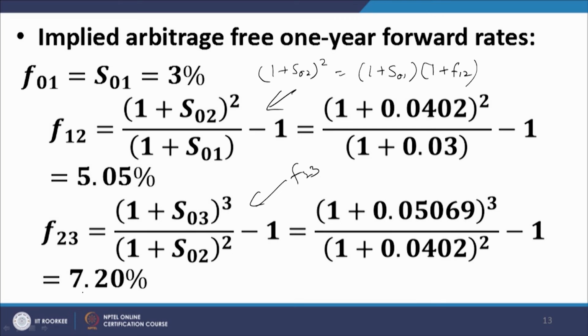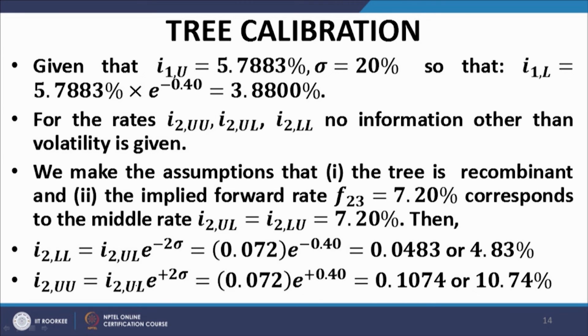Here is 7.20%. So, that is the arbitrage-free rate and we use it as the middle rate for the calibration of the tree. Now, knowing the middle rate, it is very simple to go one step up. It will be a multiple of this middle rate with e to the power 2 sigma. Sigma is given as 20%. So, we simply put in the value of sigma and we arrive at 10.74% for the uppermost node at t equal to 2.